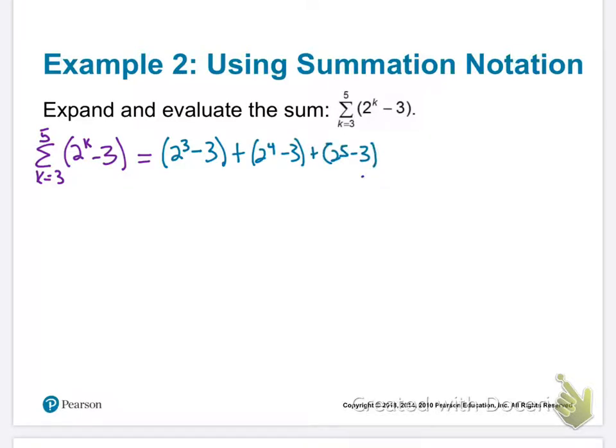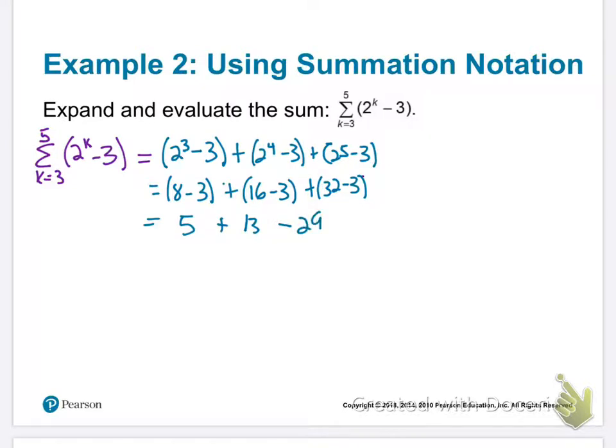So 2 to the third is 8 minus 3. 2 to the fourth is 16 minus 3. And 2 to the fifth should be 32 minus 3, which gives me 5 plus 13 plus 29. We're going to add these together.